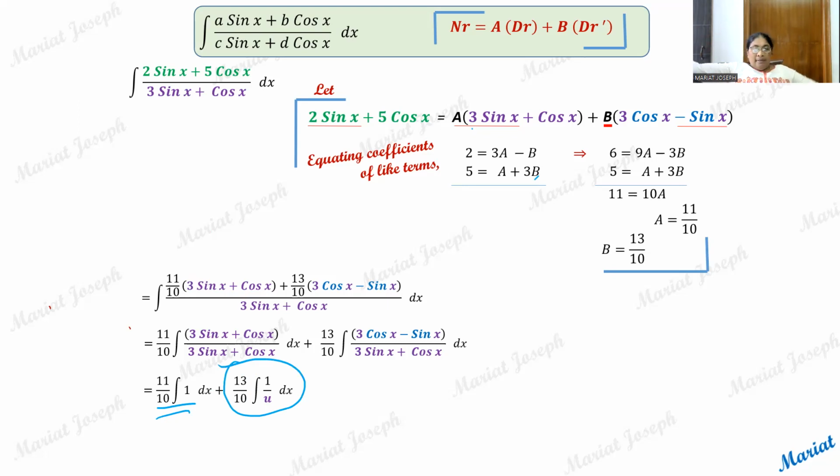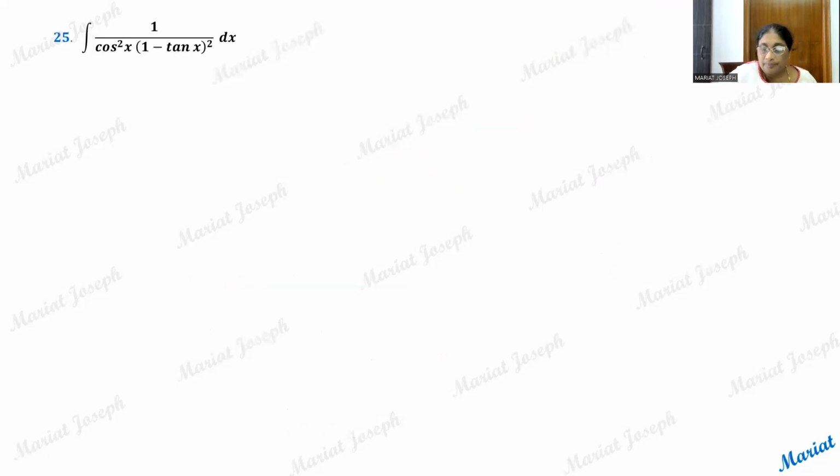13 by 10 into log, and what is the u? u is 3 sin x plus cos x. Very good. Okay. So this is the general method. It is applicable with any constants A, B, C, D. So let's do a new question now.